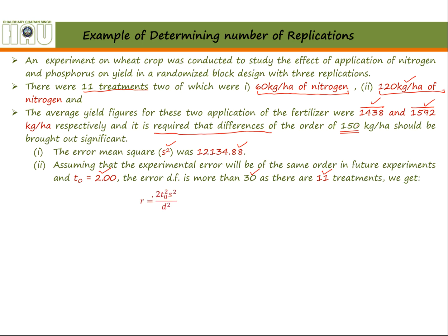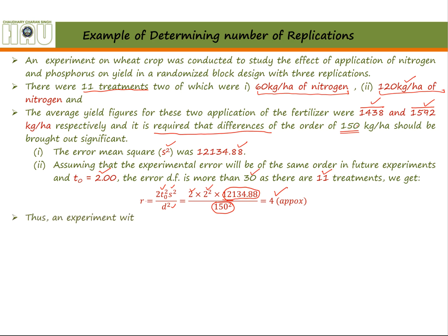You can get it by R equals 2 t0 square S square upon D square. t0 is your 2, so it is 2 square, and this is your S square, the error mean square, and 150 is the desired difference, squared. So you will get approximately 4 replications.